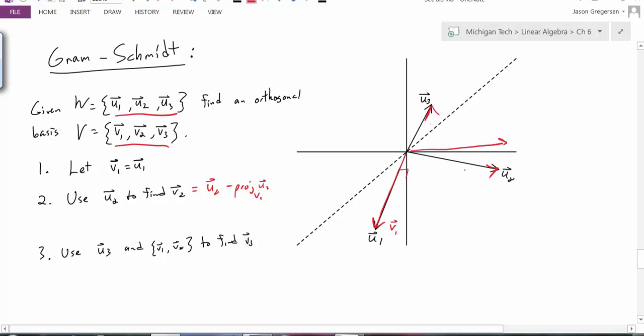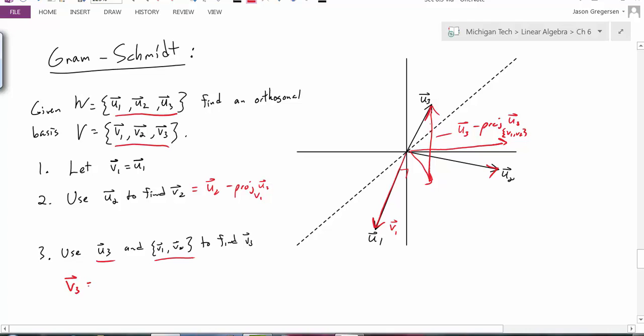I have to find my third vector that's orthogonal to both v1 and v2. To do that, I'm going to use u3 and the space spanned by v1 and v2 to find my v3. I'm going to project u3 onto this subspace, just like I've done before. In other words, I project u3 down onto this subspace, and then take this vector, which should be u3 minus the projection of u3 onto the span of v1 and v2. Now how do I calculate that projection?